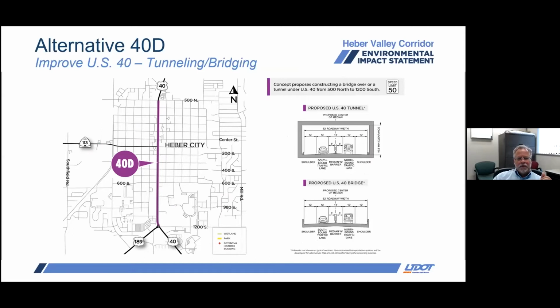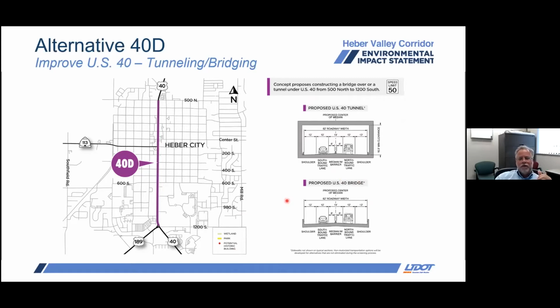So the next alternative is our 40D alternative. Another way that we can improve the mobility, the throughput on US 40 is by creating alternatives that would bypass all the intersections, either through the use of a tunnel, which we're showing here, or through the use of a bridge, which we show in this typical here on the lower right side.